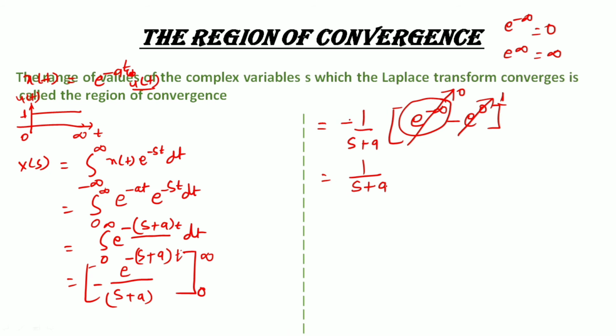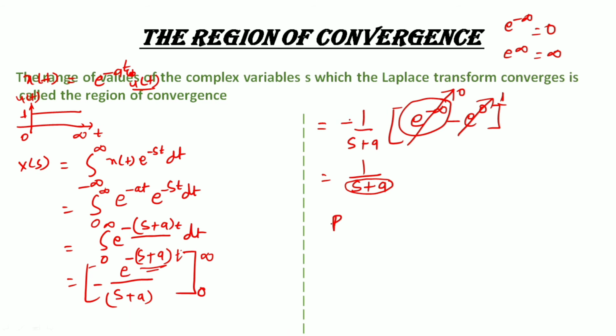Now, what will be the ROC? Since we can see e to the power minus (s plus a)t, this is the value, and in the denominator the same value is coming, s plus a. So now we want that s plus a should not be equal to 0. That means it should be greater than 0.